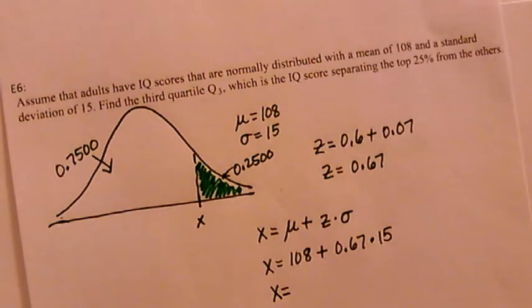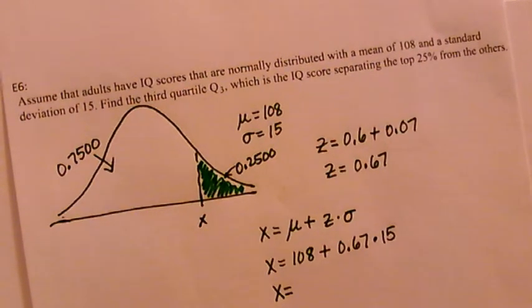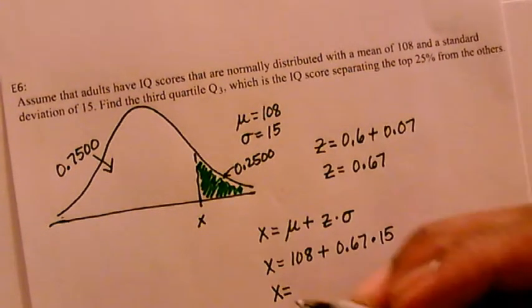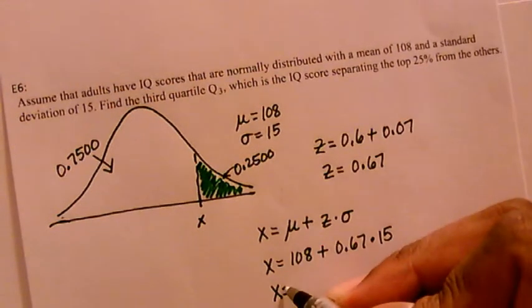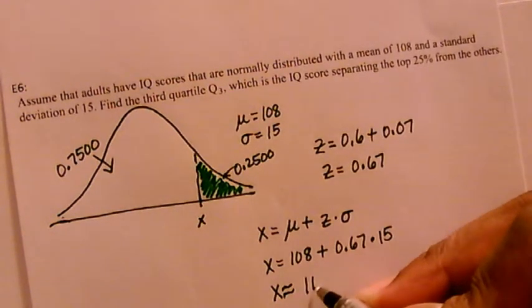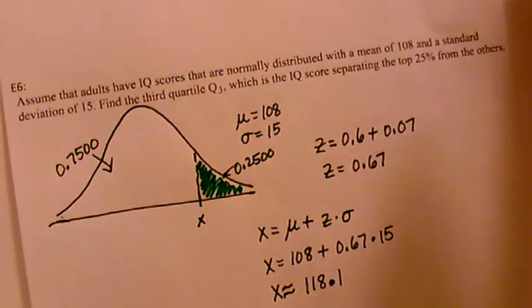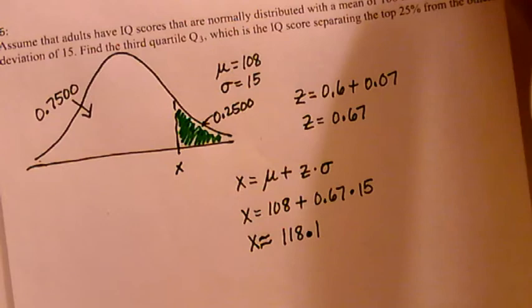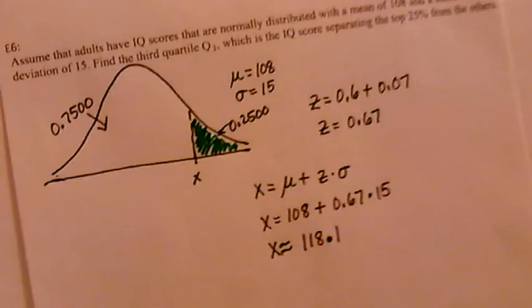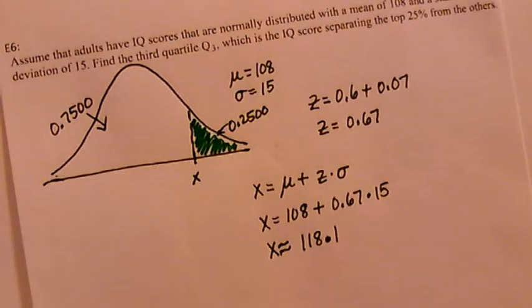So in this case here, 108 plus 0.67 times 15, that's going to be approximately, to one decimal place, 118.1. So the IQ score that separates the top 25% from the others will be 118.1.